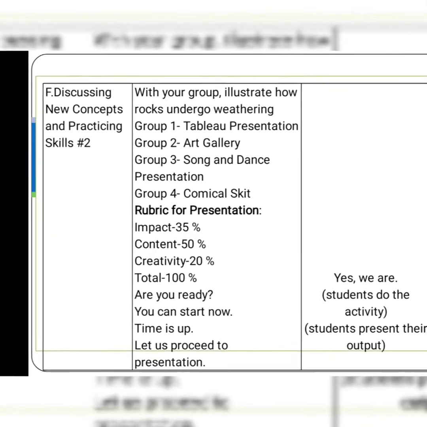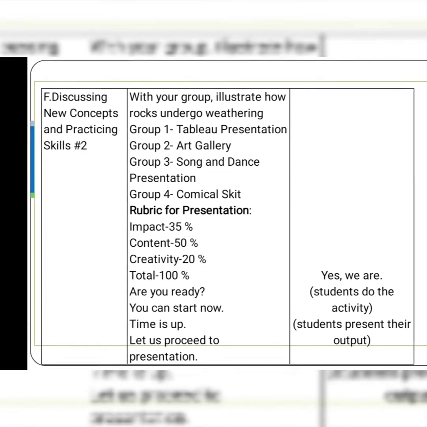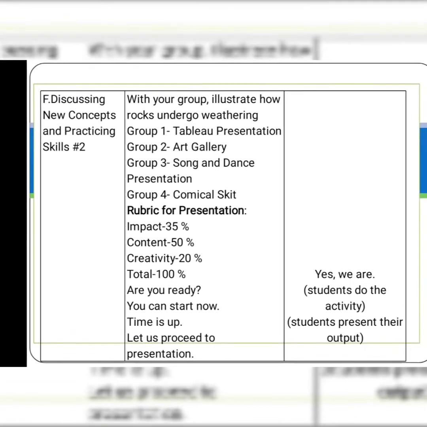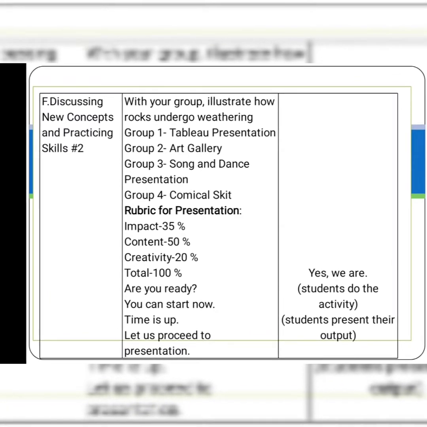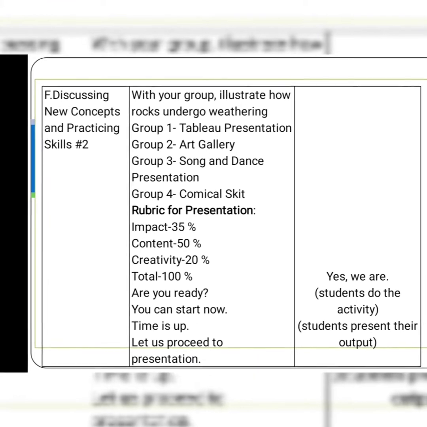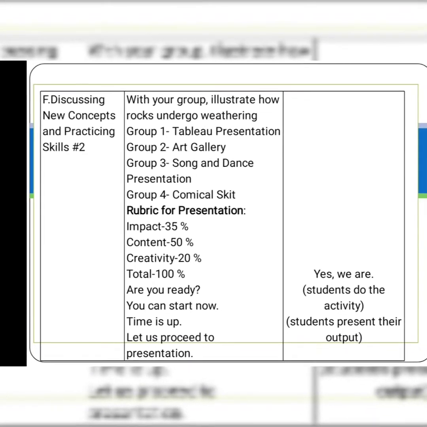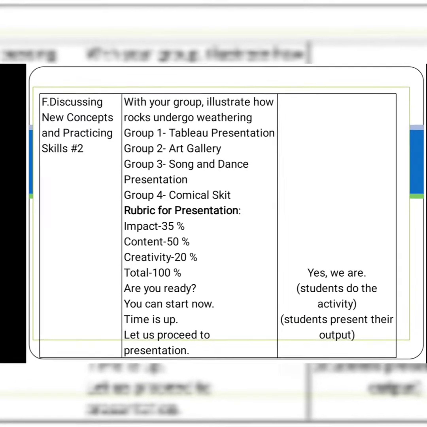For example, you can have additional activities like in here. They're going to illustrate, be it in a tableau presentation, in art gallery, song and dance. So aside from their group activity, they have another group activity.